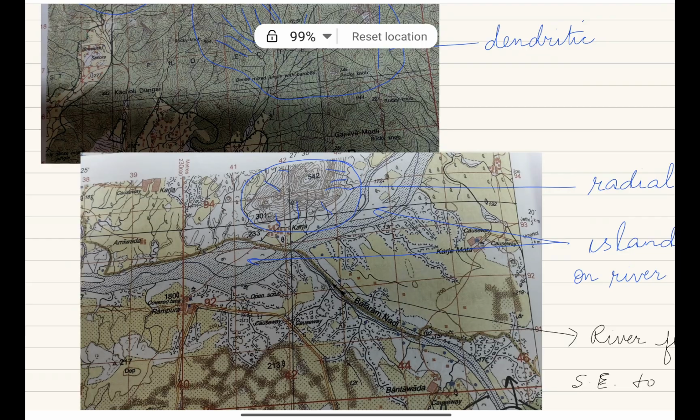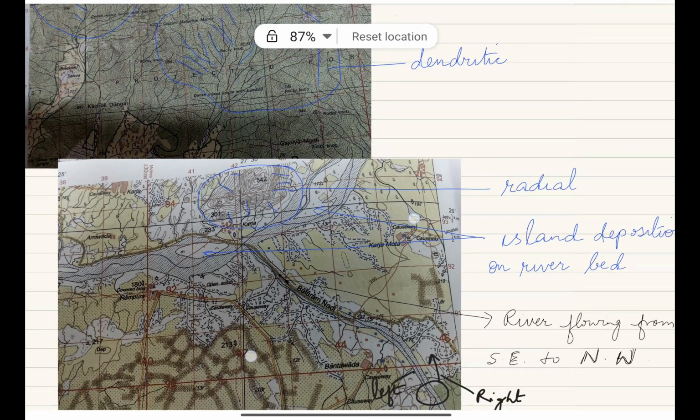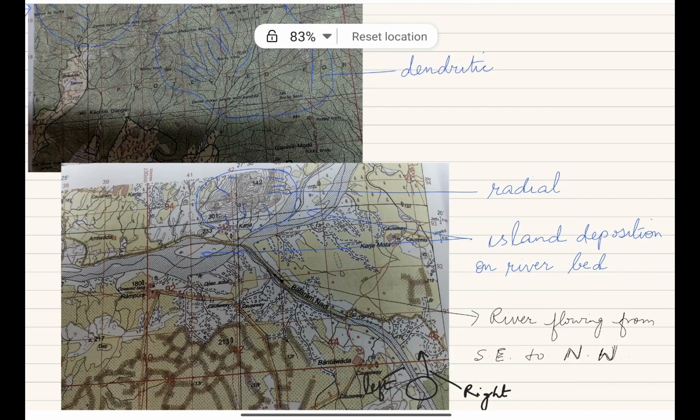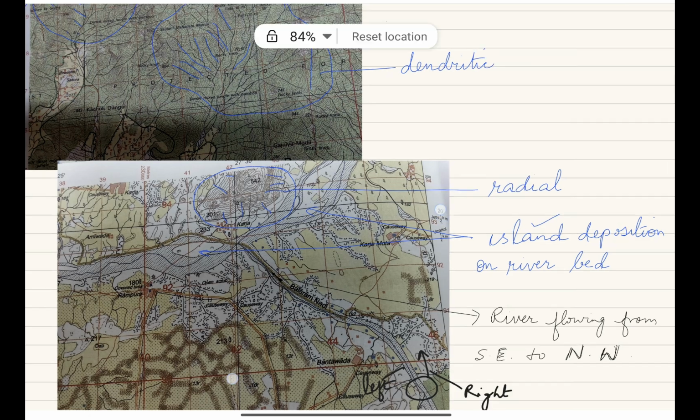This is a river flowing by, and inside the river there are some white patches. These white patches formed on the river banks are nothing but island deposition. This is an indication that this river is seasonal.